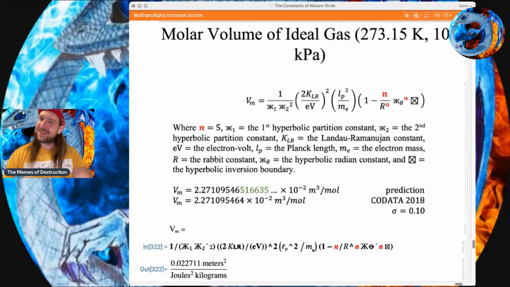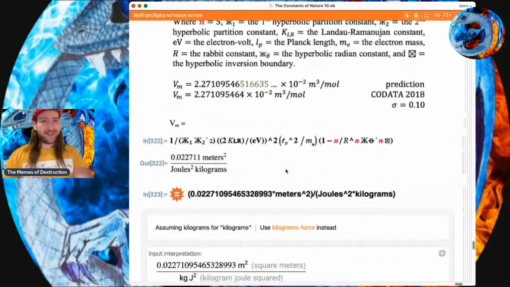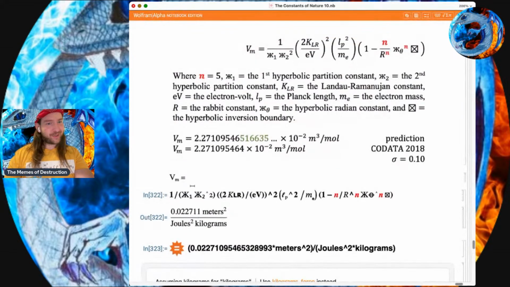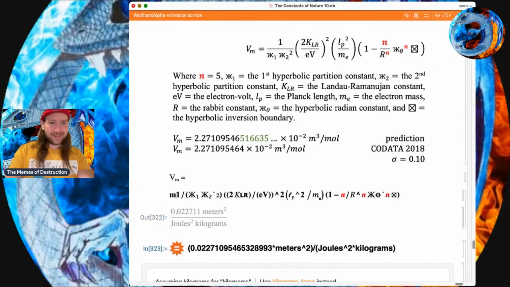Hold on. Let's write this out better. Actually, no, we have a notebook. Let's do it this way. It's 1 over that guy, so let's just throw in capital molar mass.